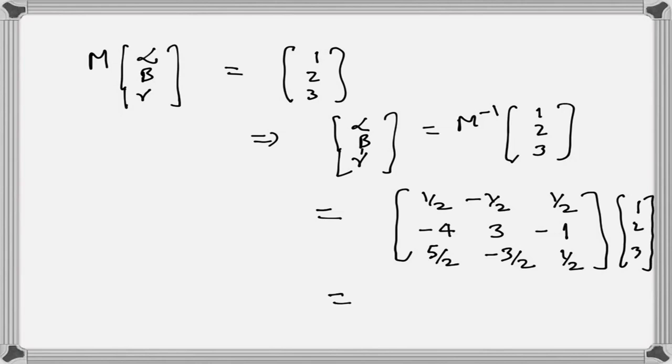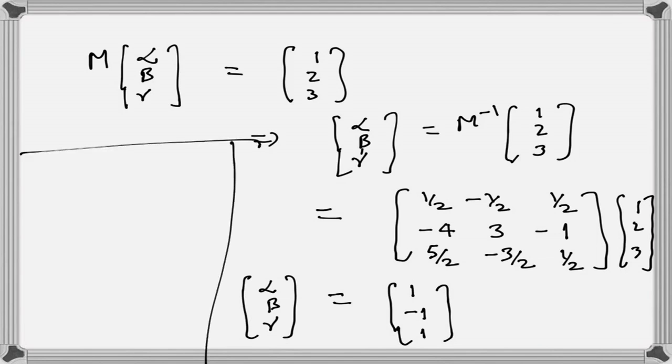Okay, so what will this be? The first entry is 1 by 2 minus 1 plus 3 by 2, which is 1, the second is 4 minus 5 plus 3, and this is minus 1, because minus 4 minus 5 plus 3 divided by 2, and the last is 1. Okay, so this is what we get, alpha beta gamma is this.